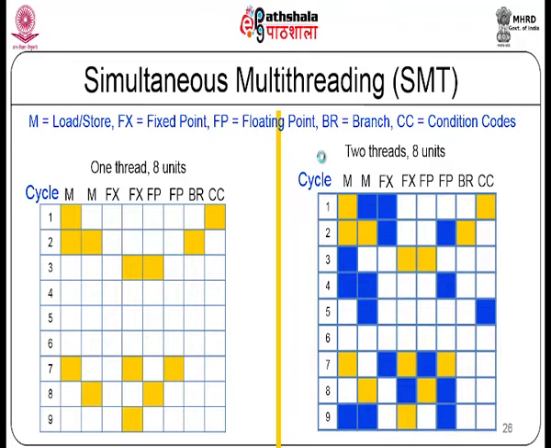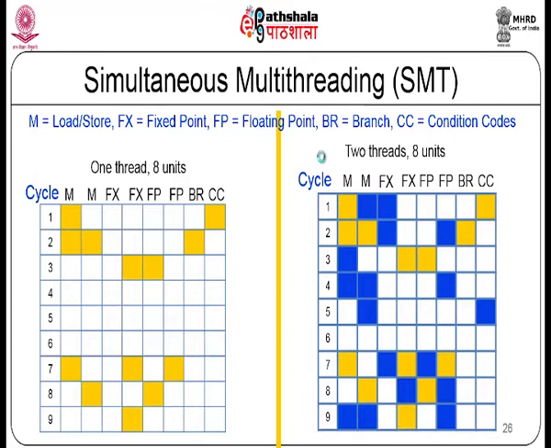This is a pictorial representation of simultaneous multithreading. As you can see on the left hand side, there is only one thread of execution. There are 8 functional units available, of different types: load store units, floating point units, fixed point units, branch units, condition codes and all that.